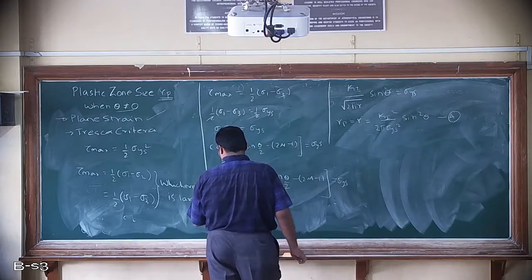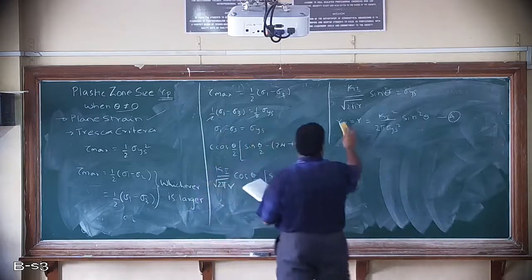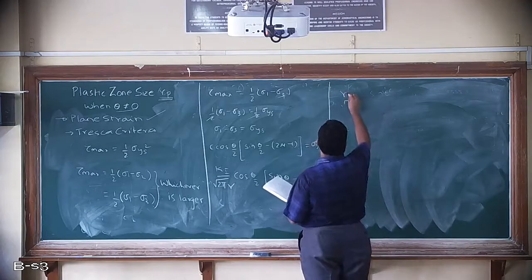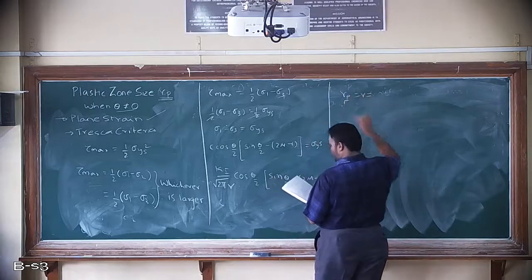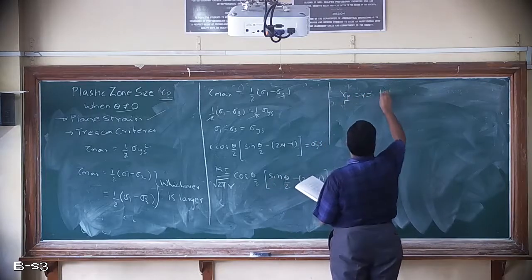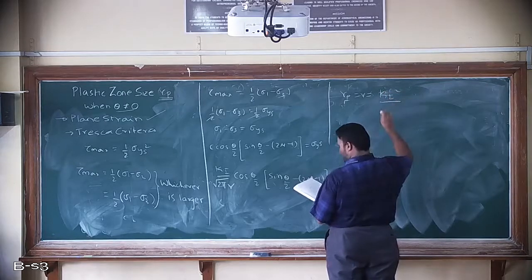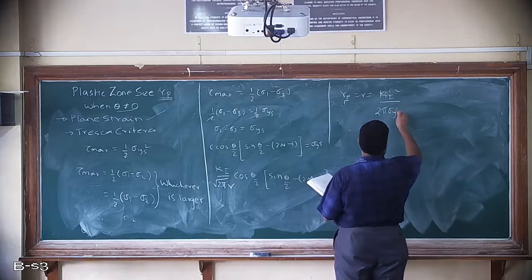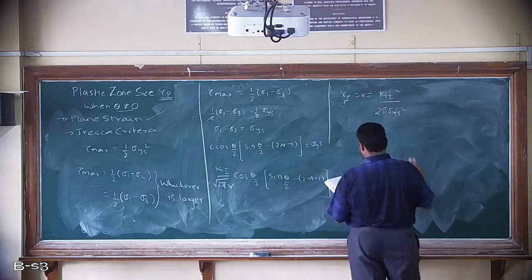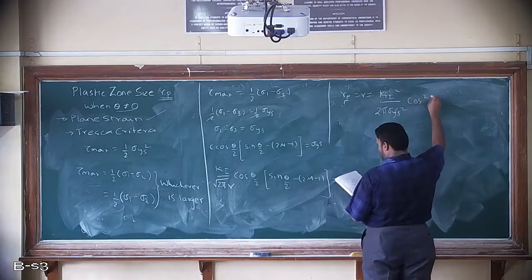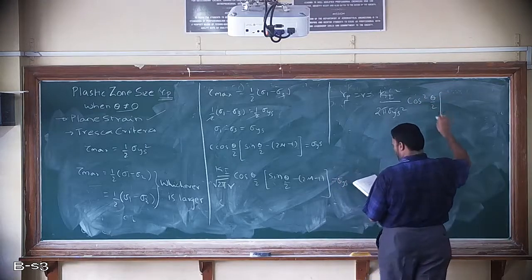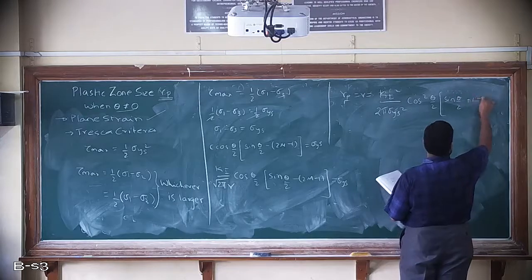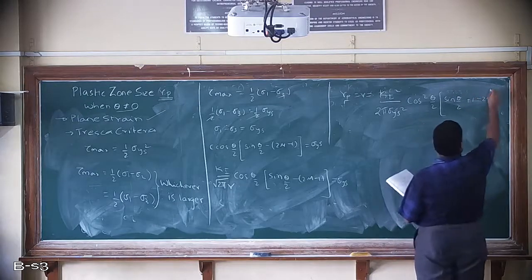So with this, when we simplify, we get Rp is equal to r, and that will be equal to Ki square upon 2 pi sigma ys square, in the bracket cos square theta by 2 into sin theta by 2 plus 1 minus 2 mu the whole square.